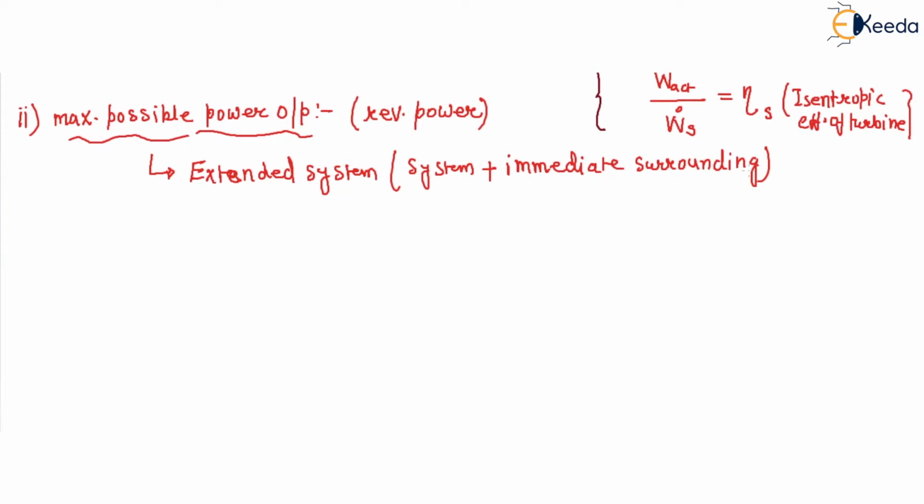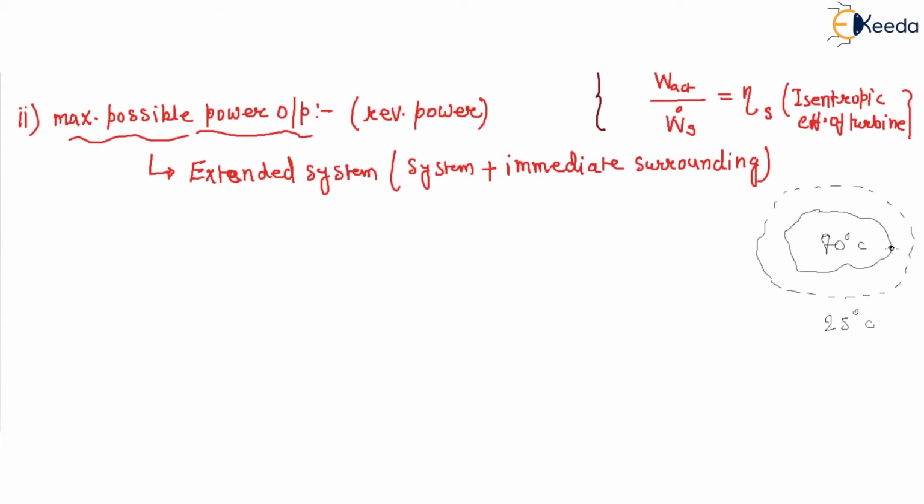This is the concept of immediate surrounding, in which the effect of heat transfer is considered. You all remember, if there is a hot potato at, let's suppose, 70 degrees centigrade and the environment is 25 degrees centigrade, there is an immediate surrounding in which the temperature will drop.